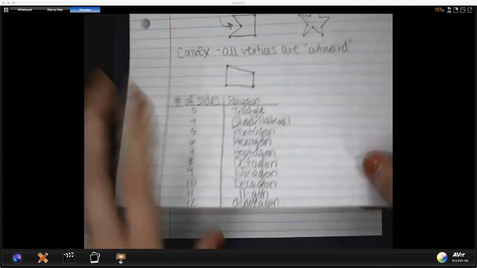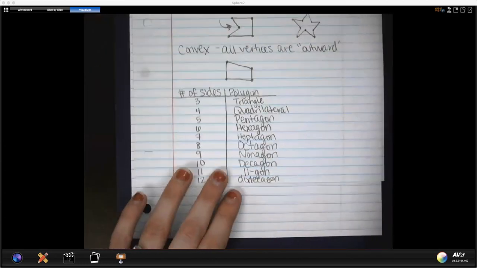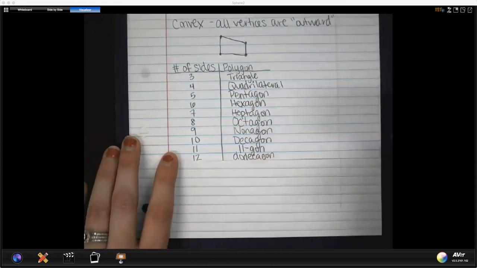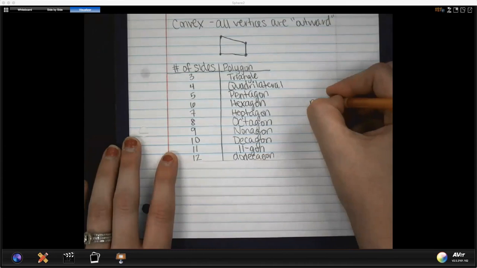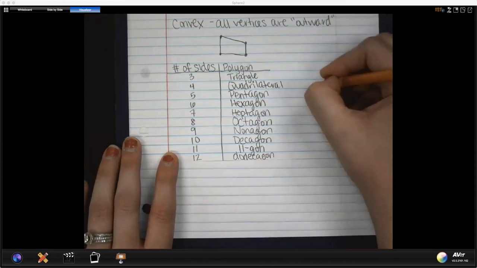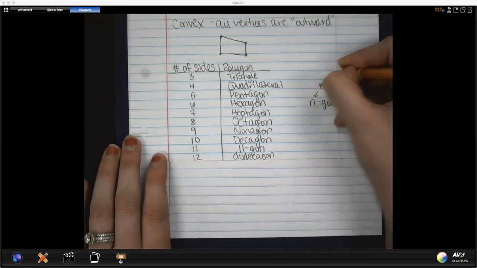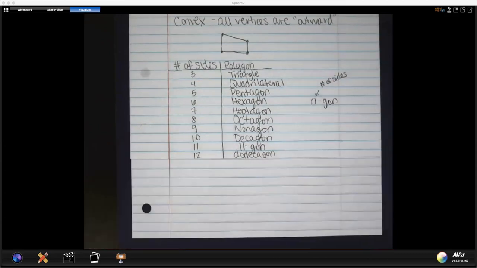So these are all the shapes that actually have special names. The rest, like I said, would just be referred to as n-gon. So if they have a special name, meaning all of these except for 11, they would be represented by their name. Anything else, you would just use the number of sides, hyphen, and gon.